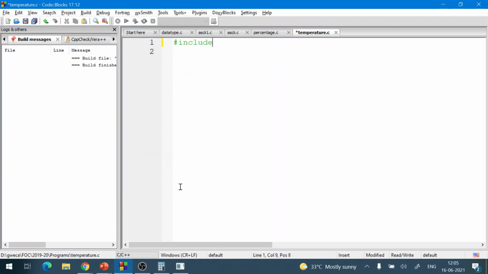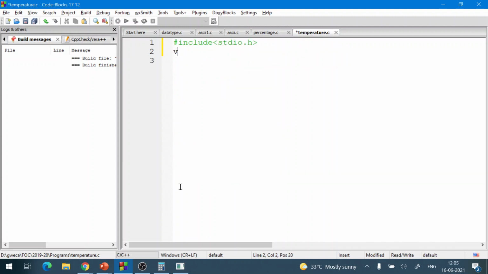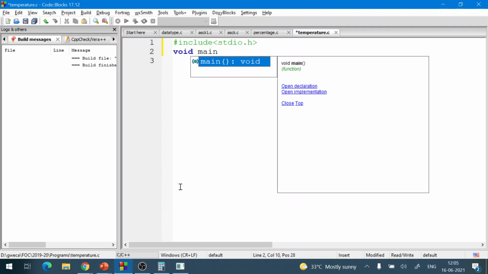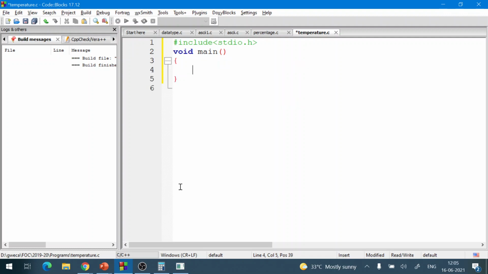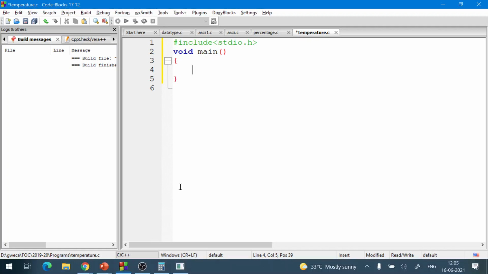We will simply include stdio, then I will take void main. So what we require for this particular problem is c, which will be converted into Fahrenheit. So float c, and I take f for Fahrenheit.